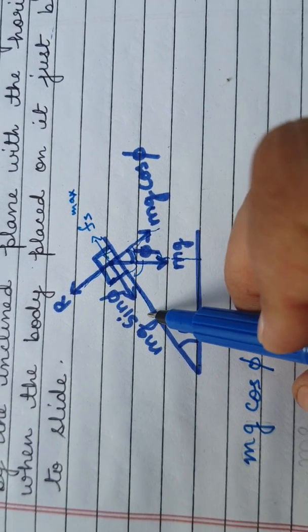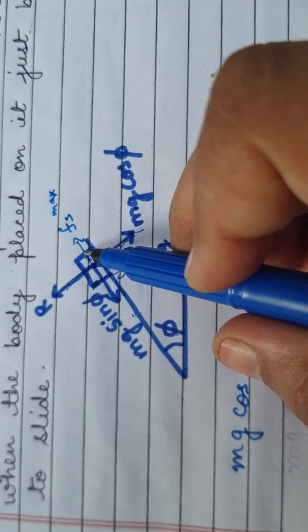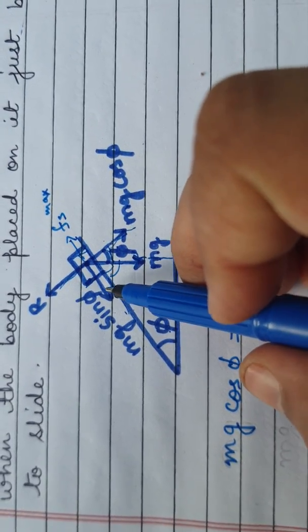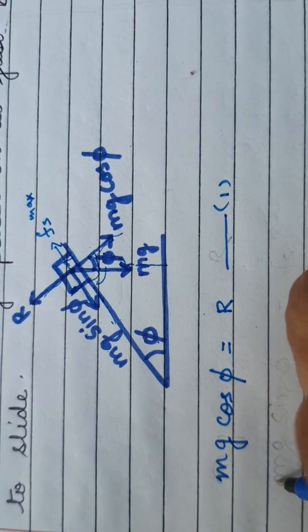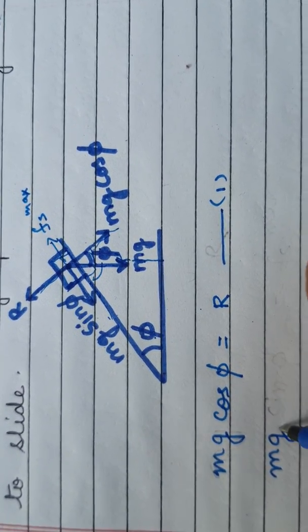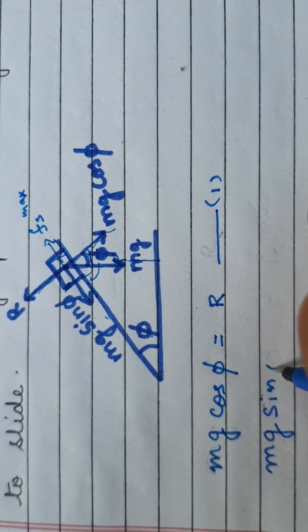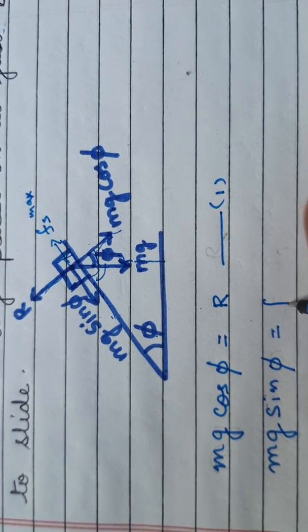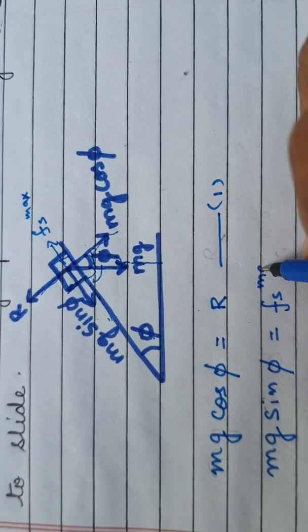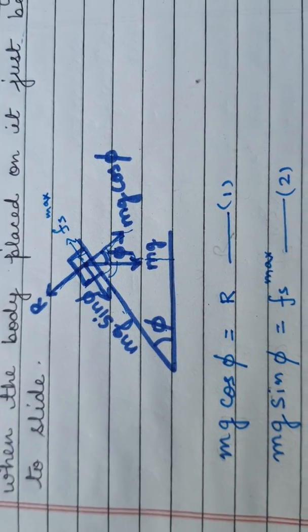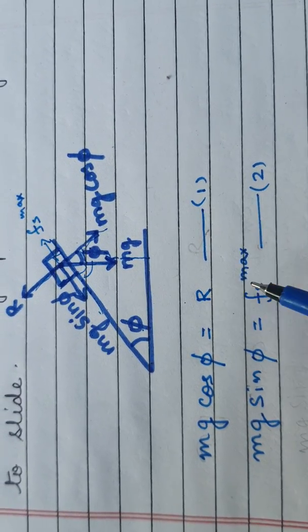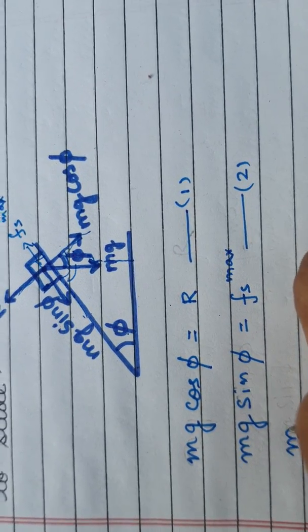Now mg sin phi and Fs max are both equal and opposite because the body just is sliding. So mg sin phi will be equal to Fs max. This is our equation 2. Now we'll divide equation 2 by equation 1. So what will we get?